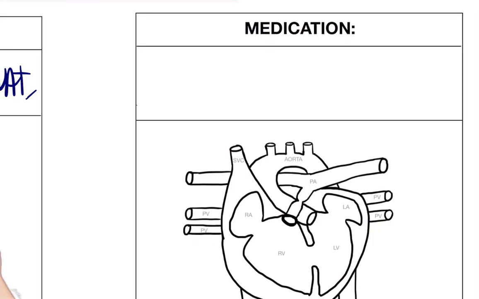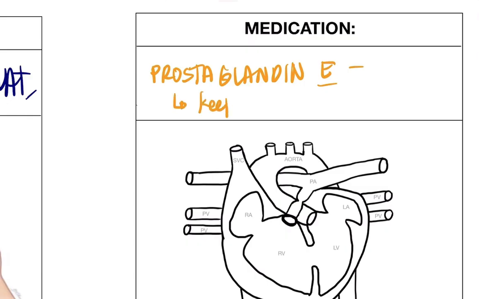We have what we call prostaglandin E, which its main goal is to keep the ductus arteriosus.